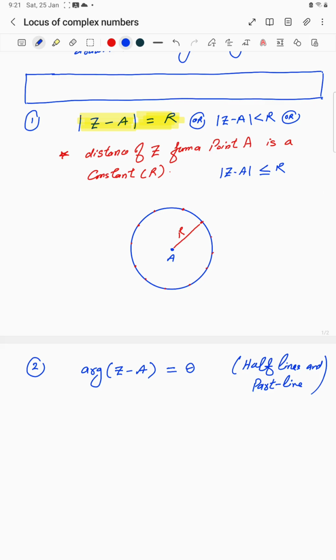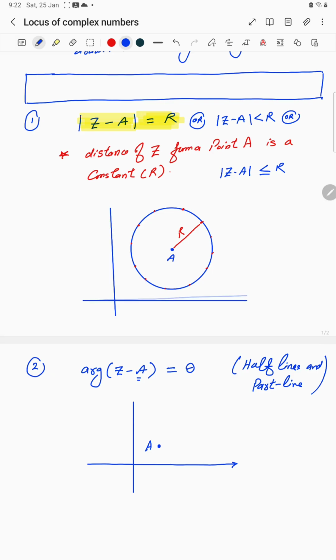How can we draw this? You need to mark the position of A on the Argand diagram. Because you are drawing the locus, it must be an Argand diagram. On the x-axis we have the real part of z, and on the y-axis the imaginary part of z. This is the point of intersection.